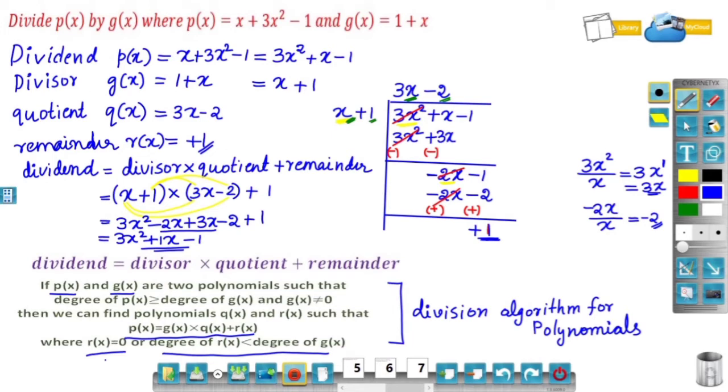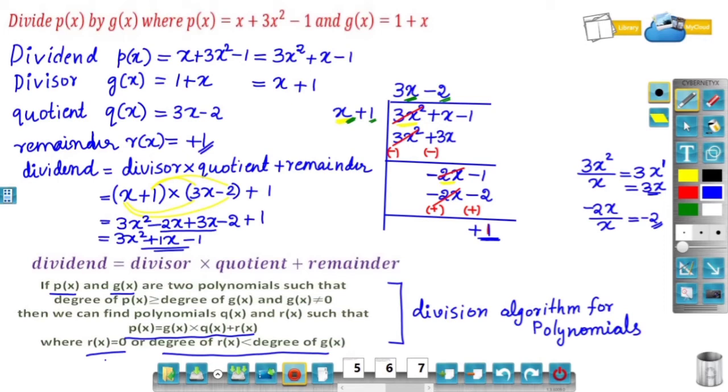Degree of p of x is greater than or equal to degree of g of x. See in our example, degree of p of x is 2. Degree of g of x is 1. So degree of p of x is greater than, or it can be equal to, degree of g of x, and g of x should not be equal to 0. Divisor should not be equal to 0 because any number divided by 0 is not defined. And when you divide, you will get either remainder 0 or degree of the remainder r of x is lesser than degree of g of x.